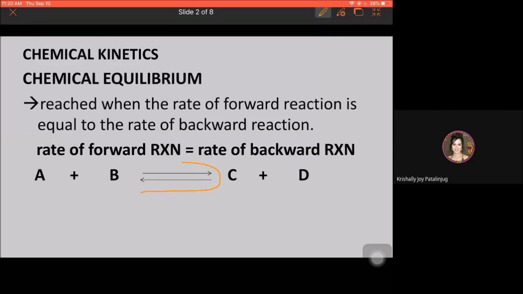Okay? So say for example, on the given general chemical reaction shown in the slide, A plus B is equivalent to C and D. Or vice versa, C and D is also equivalent to A plus B. Now, in a chemical reaction, yung A plus B dito, before the arrow to the right, ito yung reactants.